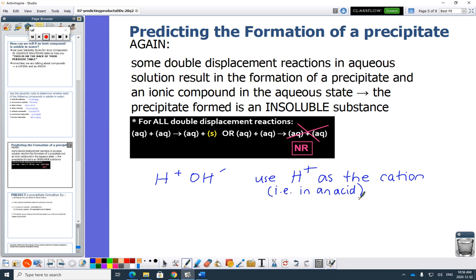Okay, so these guidelines, you've written them down before, or had them in your notes before. So when you do displacement, whether it's single or double, when you've got a compound with hydrogen, make it the cation. And then when you do that, if you think of hydrogen like a cation, then you can use the table because it says like any cation, right? Then it makes it a little bit easier.